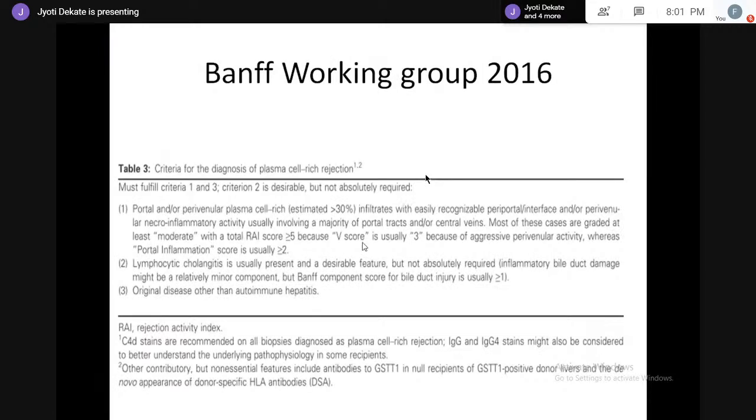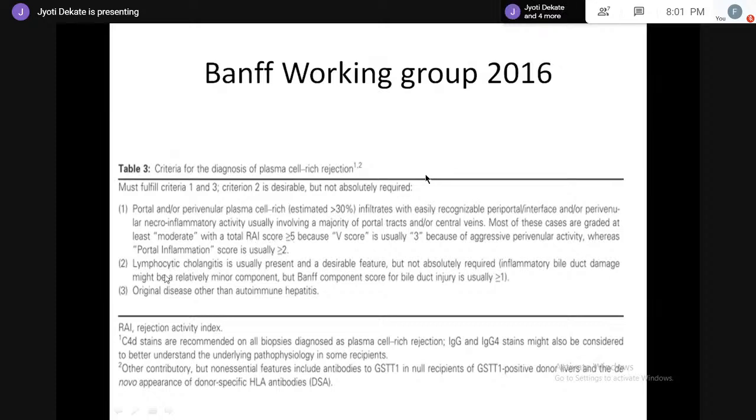Going by the criteria given by the Banff Working Group in 2016, these are the criteria to establish a diagnosis of plasma cell-rich rejection: presence of a portal or perivenular plasma cell-rich infiltrate comprising more than 30% of the inflammatory component, with a significant RAI, rejection activity index, score.